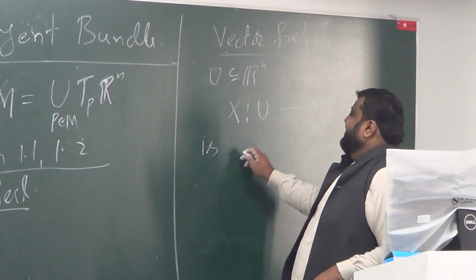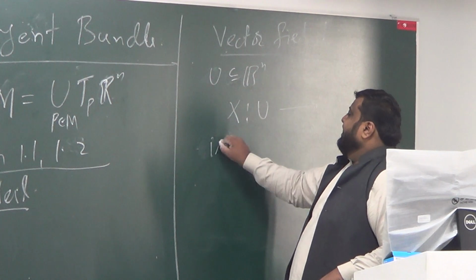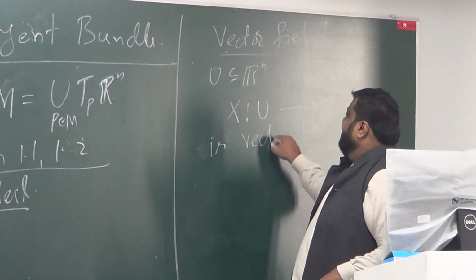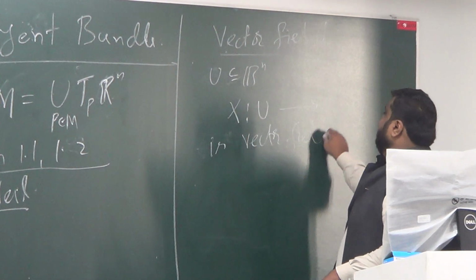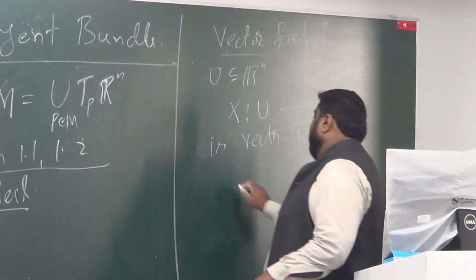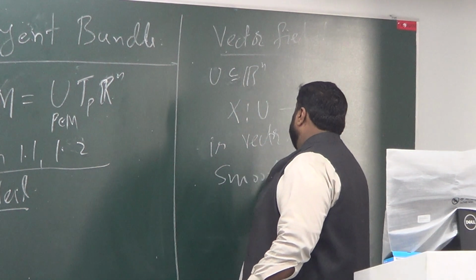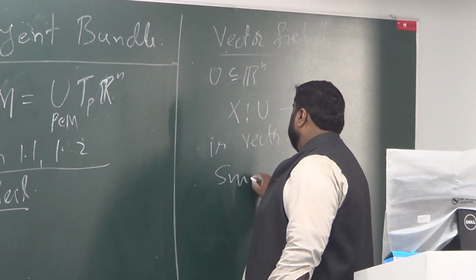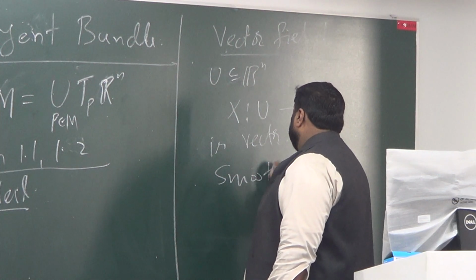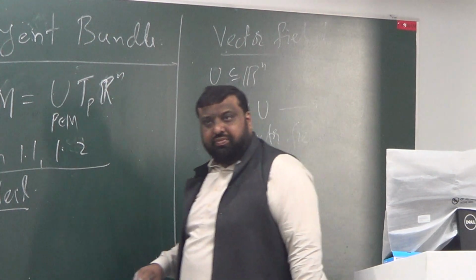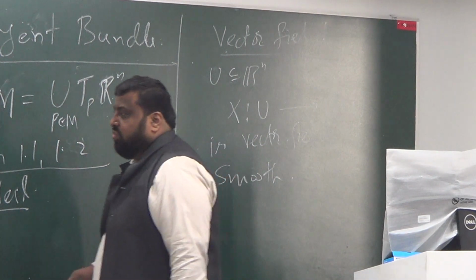So it is a vector field if it's smooth. And smooth in what sense?